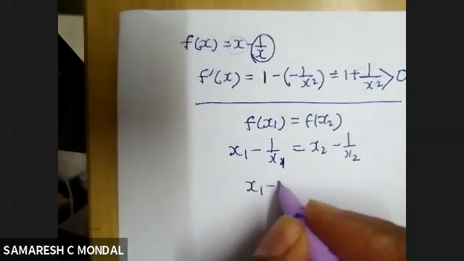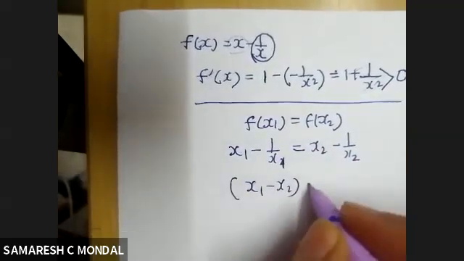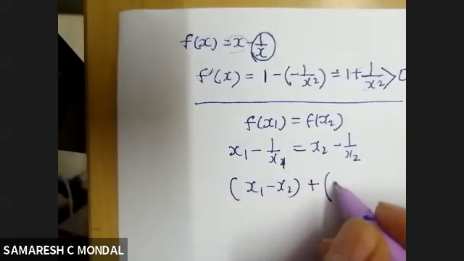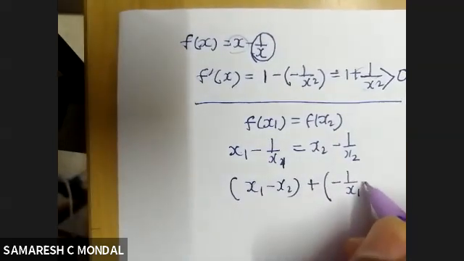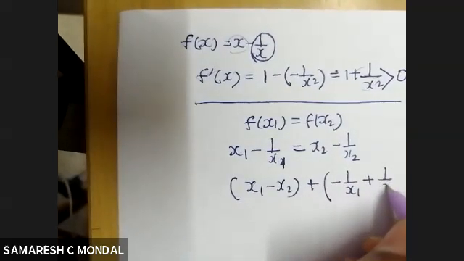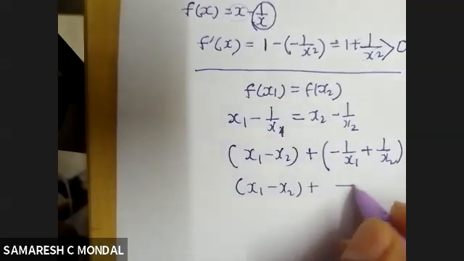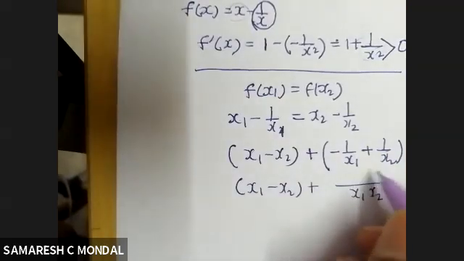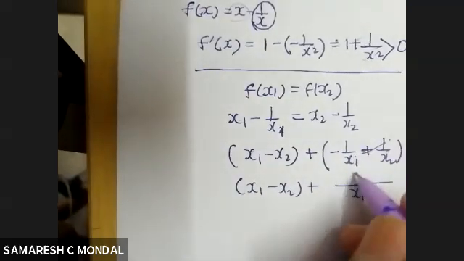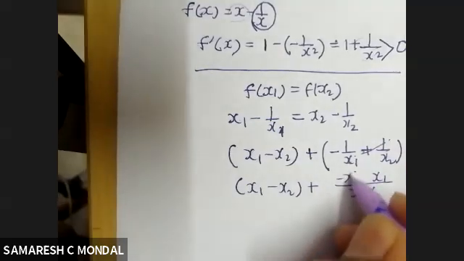Can I bring x1 minus x2, and minus 1 by x1 plus 1 by x2 is equal to 0. If you further do it, x1 minus x2, and if you take LCM, x1 minus x2 will come.